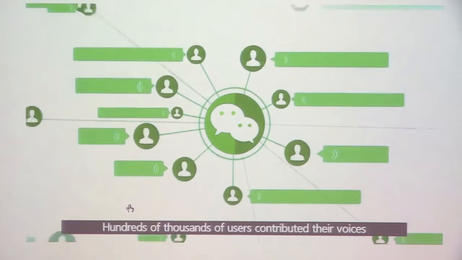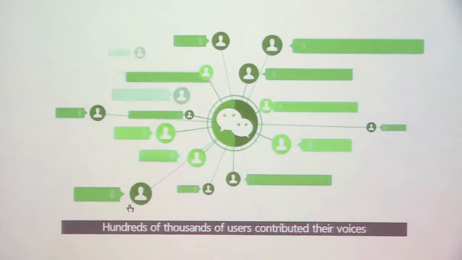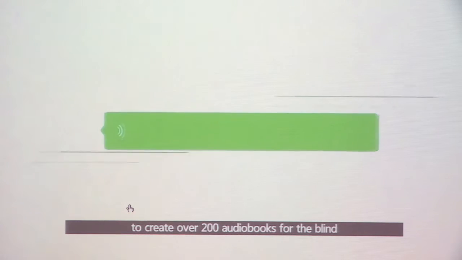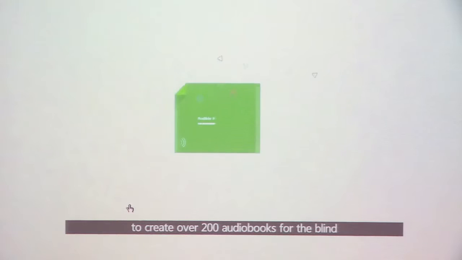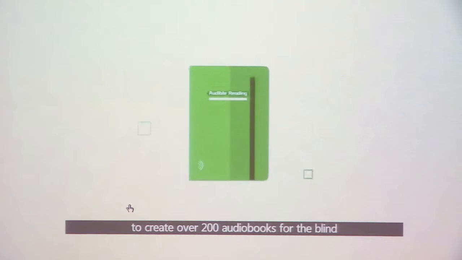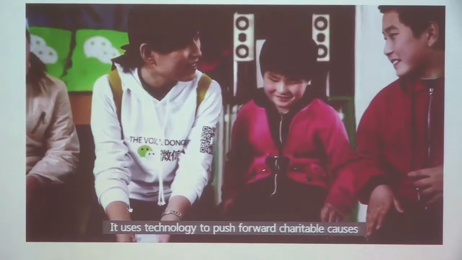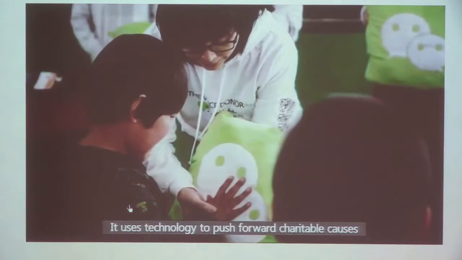Hundreds of thousands of users contributed their voices, and the Smart Platform analyzed the results to create over 200 audiobooks for the blind. This is WeChat. It uses technology to push forward charitable causes.